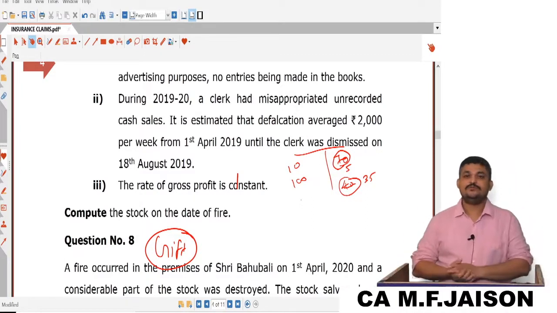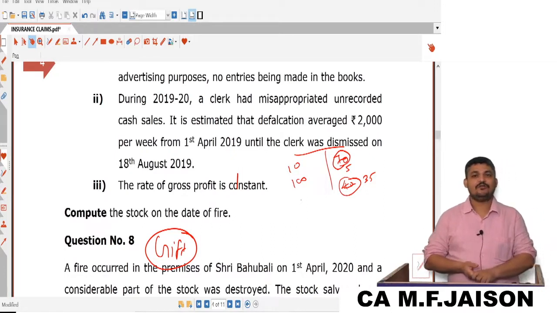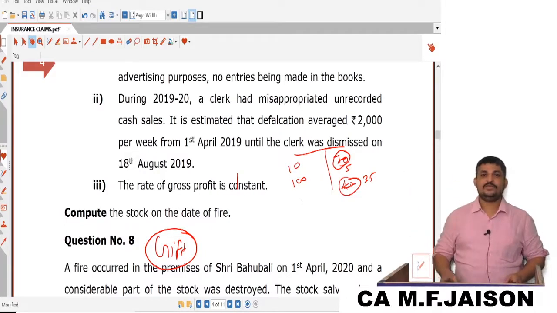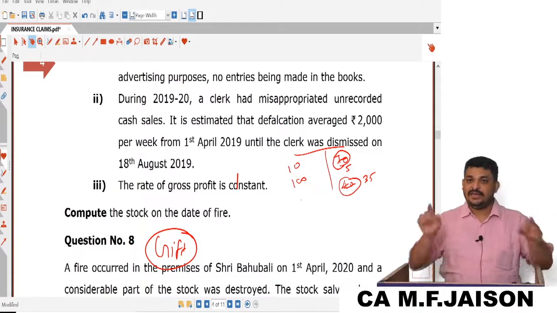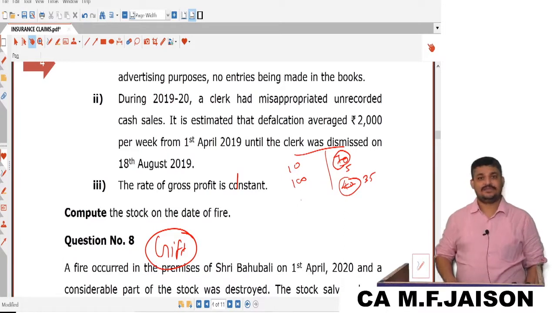Now what should we do in the trading account? Very simple. We are not going to learn how to account for the defalcation loss, etc. The point is that the goods which have been sold should have been accounted as sales. If you are not going to account it as sales, you are going to arrive at stock on the date of fire as a balancing figure.